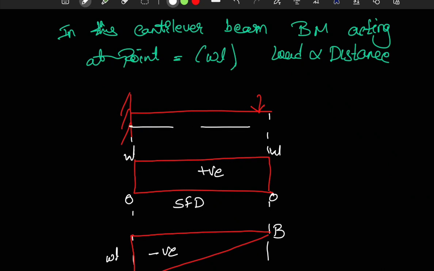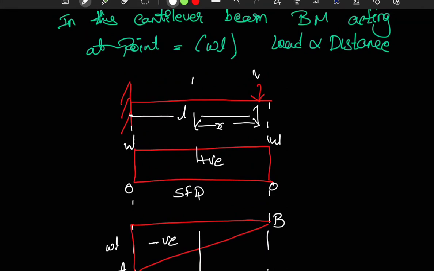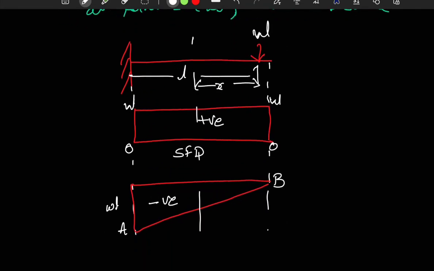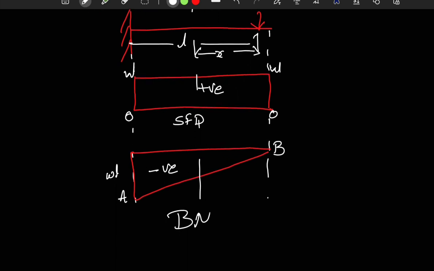It is L, it is x. Here the shear force is W. In the cantilever beam with point load, this is the shear force and bending moment diagram. You see this, it is the bending moment diagram, BMD.